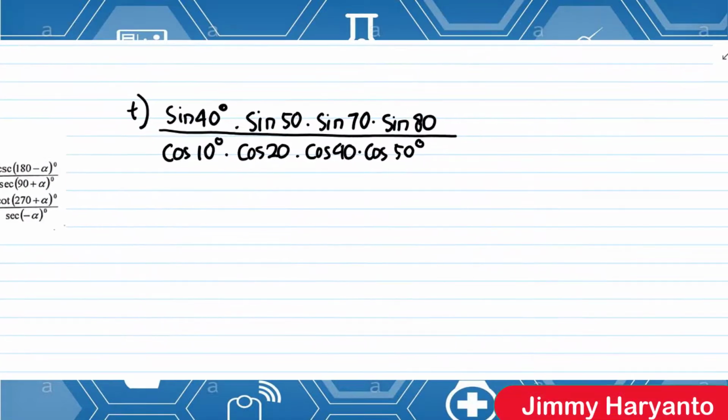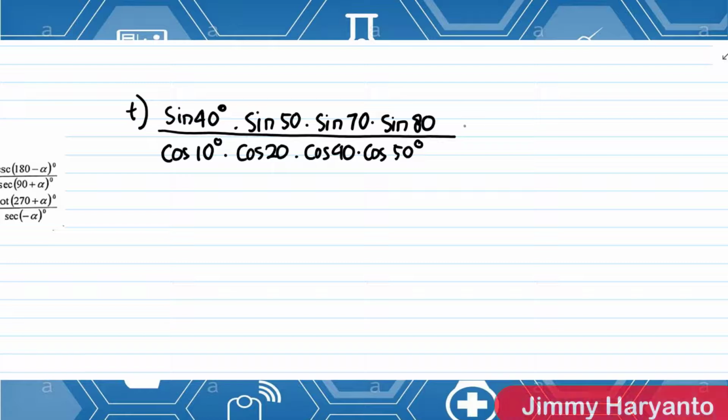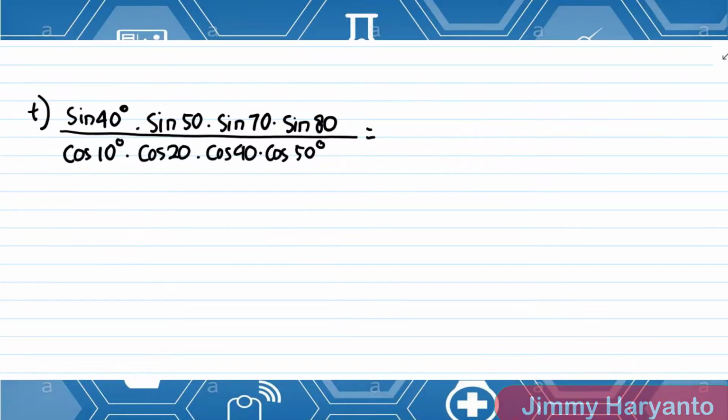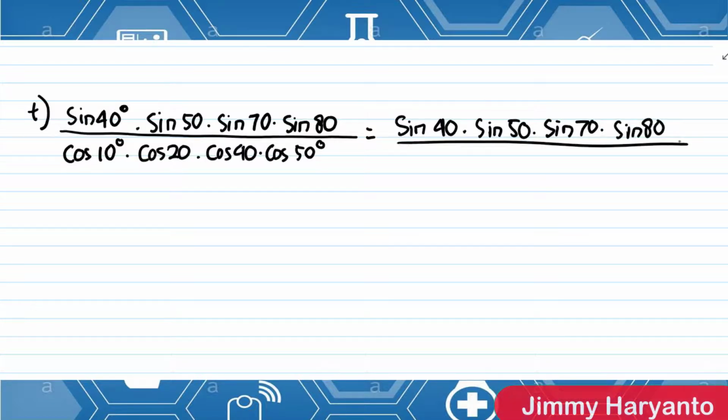Okay, after that we will use the previous method. Yeah, so the sine I will leave it like that, and then I will change all of the cos. Sin 70 and then sin 80 over, for the bottom part, cos 10. Cos 10 will be sin 80.